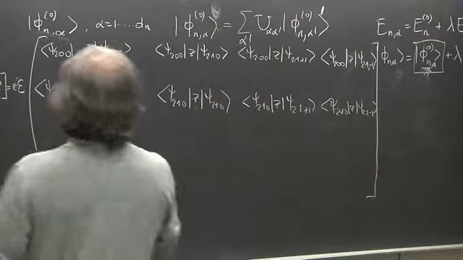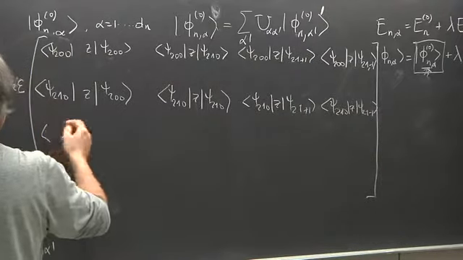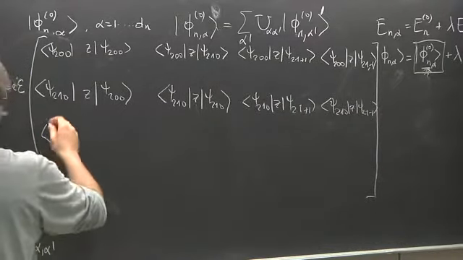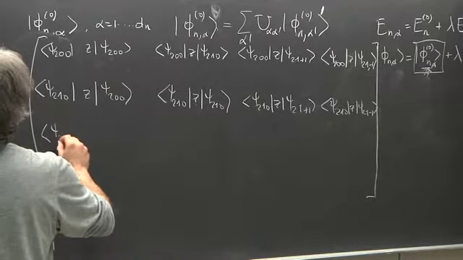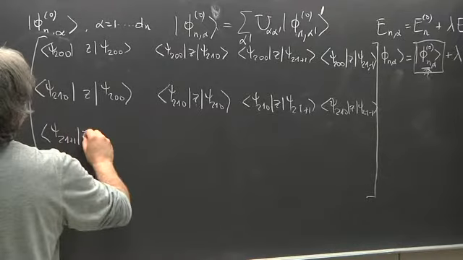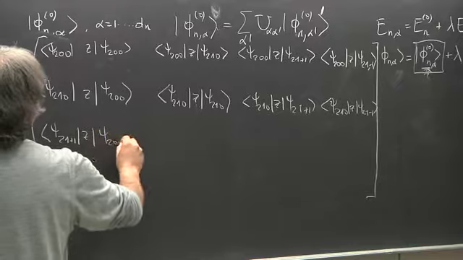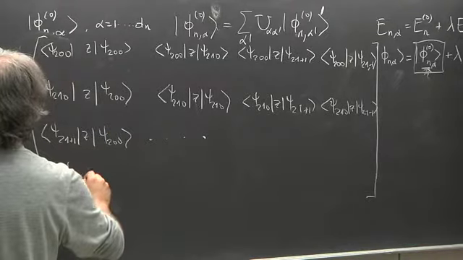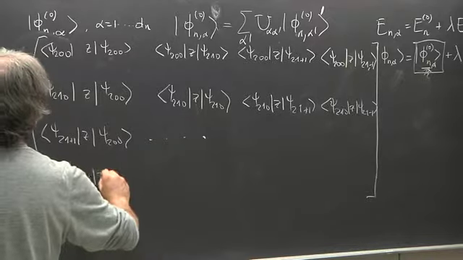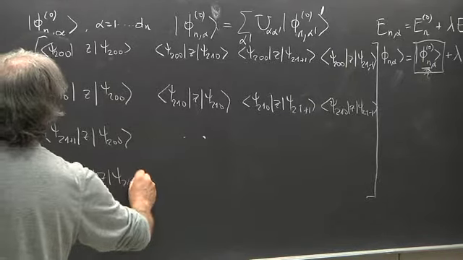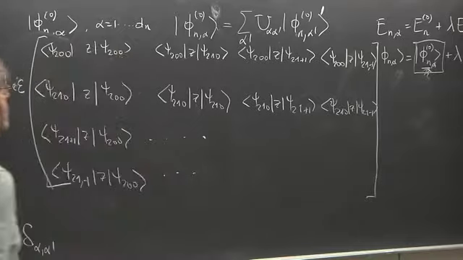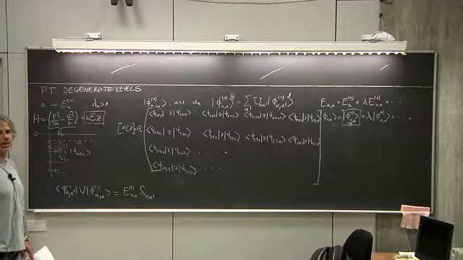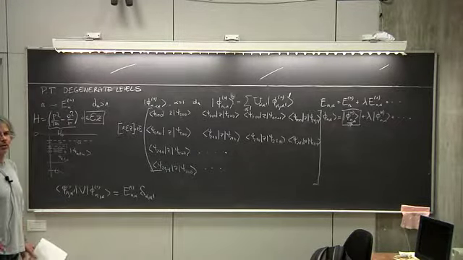Then I would have psi 2, 1, plus 1, z, psi 2, 0, 0, and psi 2, 1, minus 1, z, psi 2, 0, 0. These are the matrix elements you have to calculate.